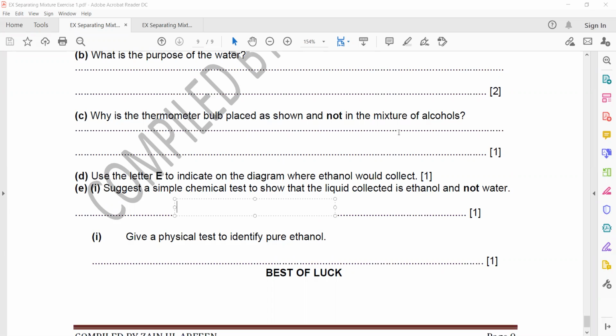Chemical test for ethanol or any alcohol: alcohol can catch fire. So you can check with a matchstick or a lighted splint. If alcohol or ethanol is there, it will catch fire because alcohol is a flammable liquid.